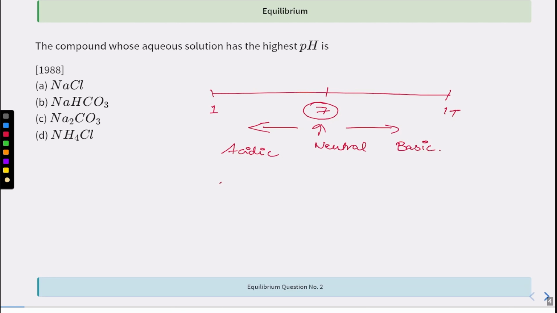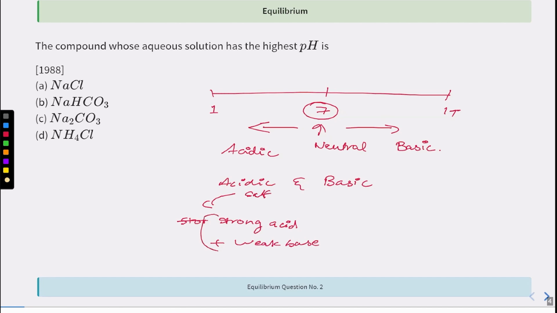Now, over here, another concept comes of acidic and basic salts. So, what are acidic salts and what are basic salts? Suppose I take a strong acid and make it react with a weak base.